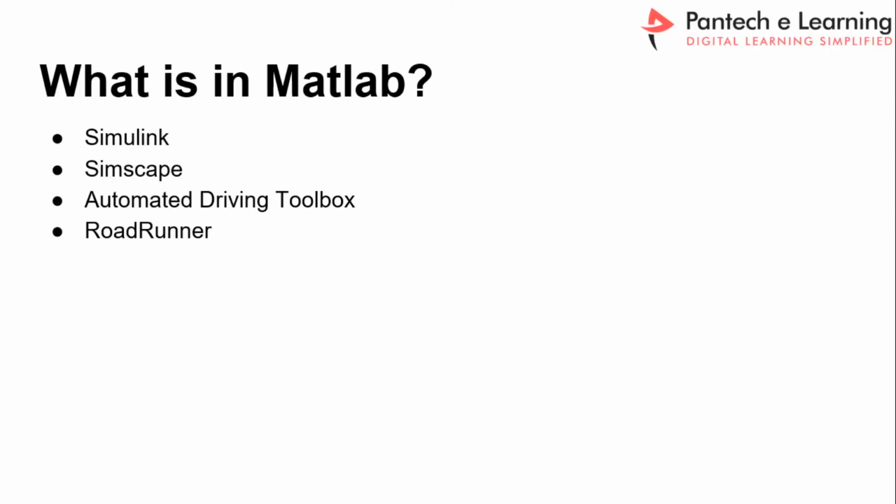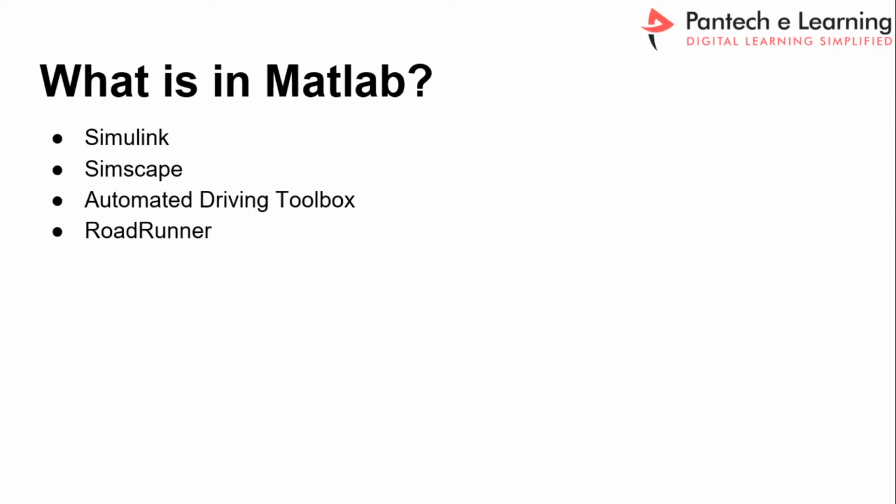Here we can develop the map, develop the algorithm, and verify the algorithm. Whereas in Simscape, we can include the physical parameters in the picture. The Automated Driving Toolbox will help you integrate all types of sensors, as well as objects and traffic signals.